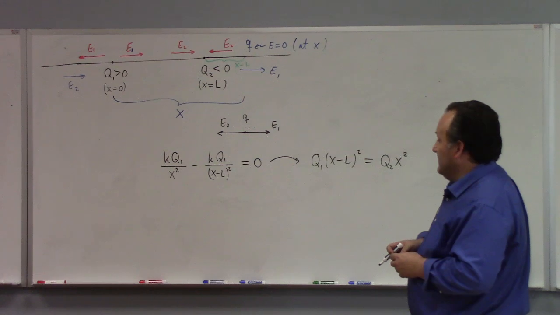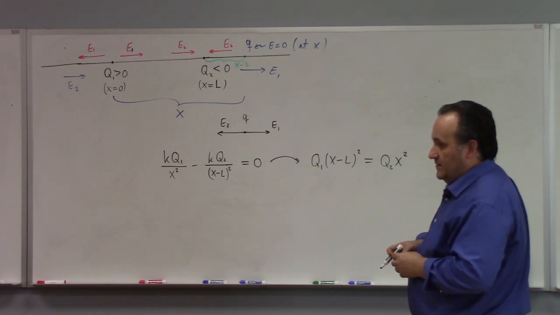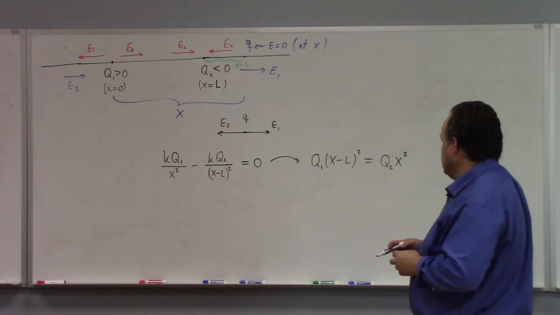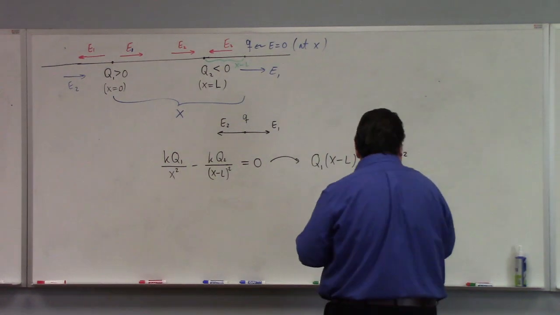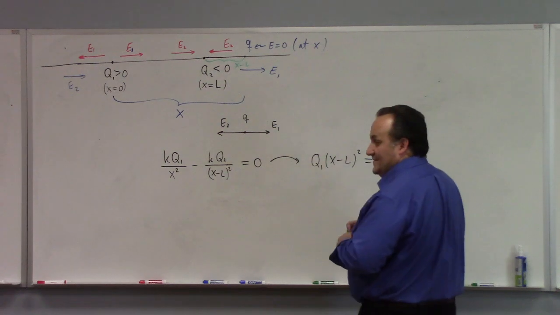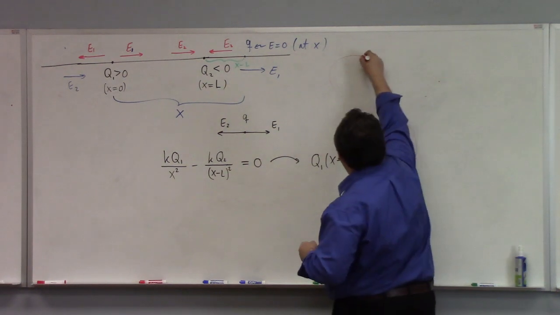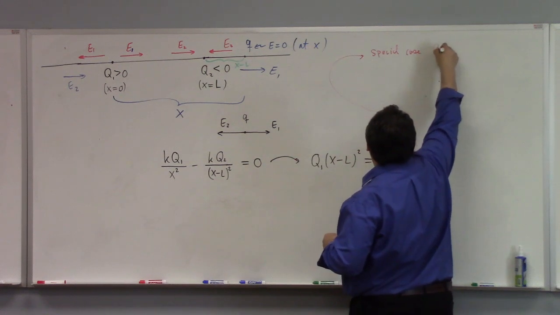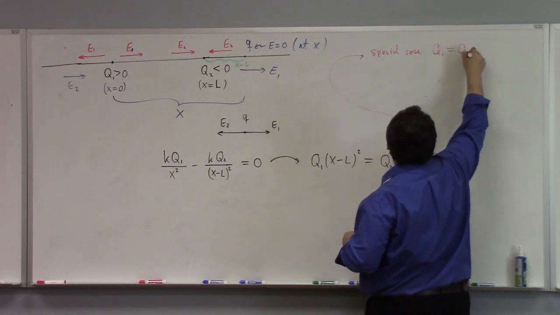Okay, what happens now if we put Q1 equal to Q2? Let's look at some special cases. Special case: Q1 equal to Q2. What do we find there?